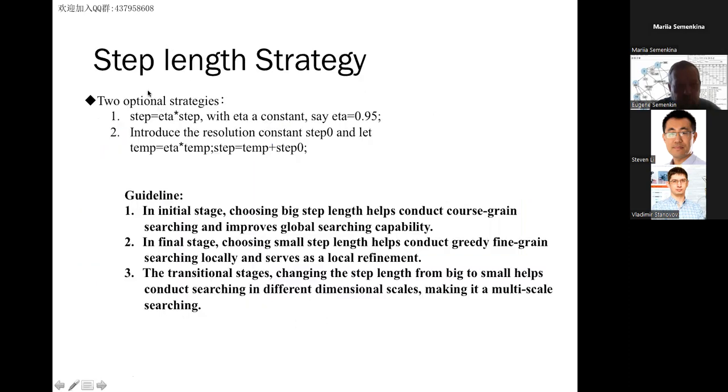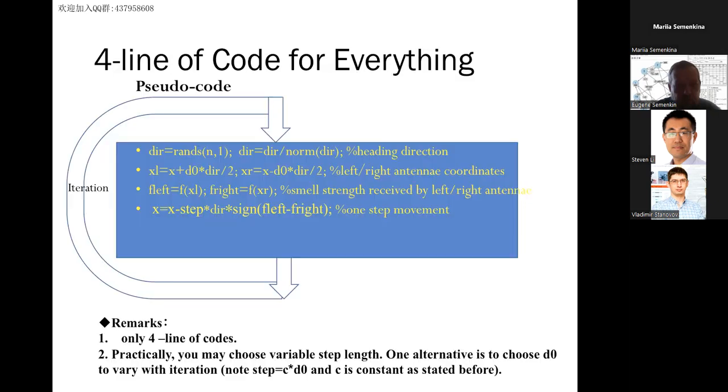We have some rules for the key parameters, like the step length. As I will show you later in the simulation, if you look at this algorithm, you may have two confusions. The first confusion is whether it is possible to go to the maximum.